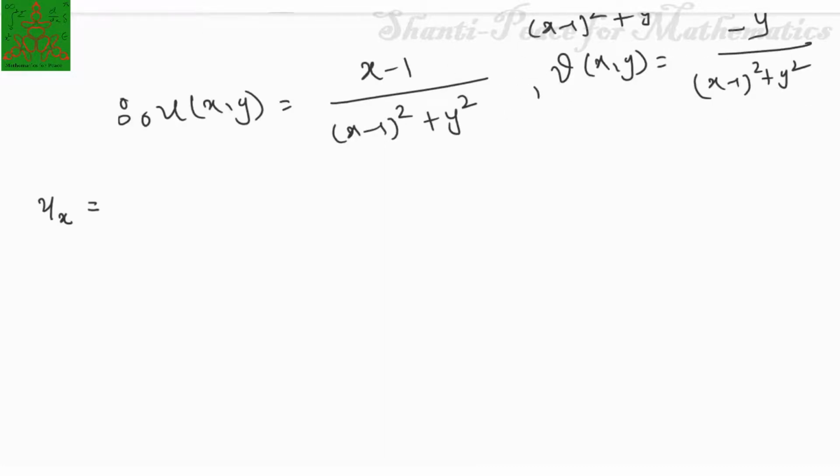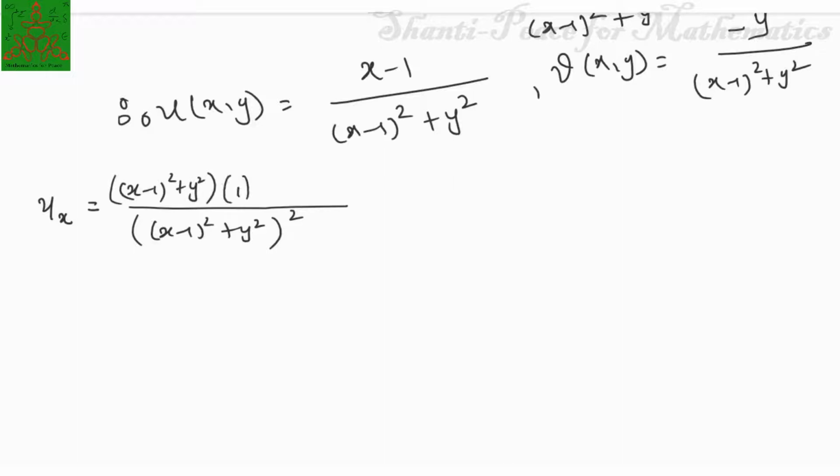So let us calculate its partial derivatives. You know that this is of the form px upon qx, so you have to apply the quotient rule, so that is x minus 1 square plus y square whole square in the denominator, and x minus 1 square plus y square as it is. The derivative of x minus 1 is 1, and the derivative of x minus 1 square plus y square is 2 into x minus 1.